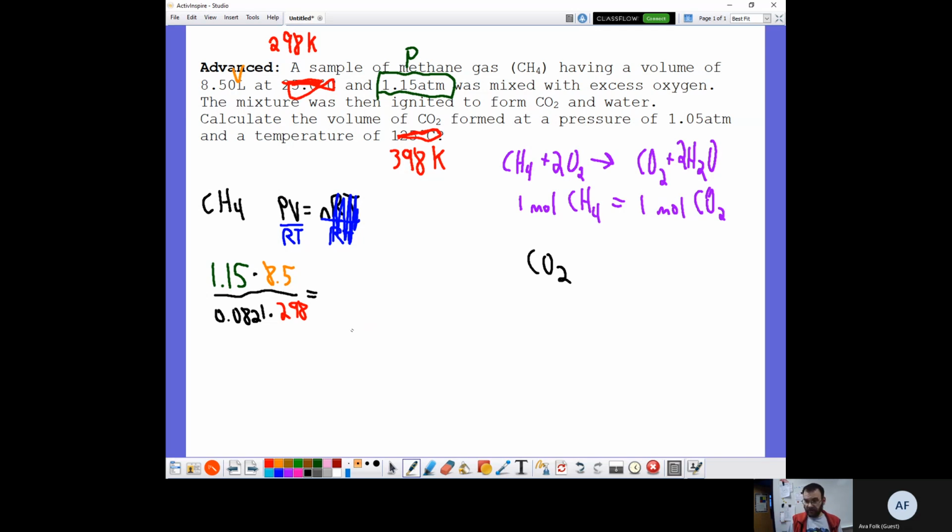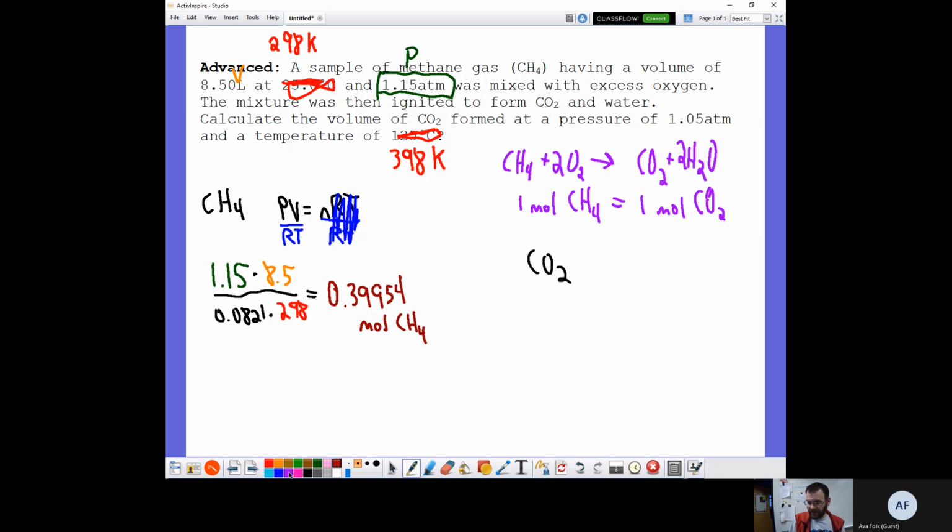So 1.15 times 8.5 divided by my R and divided by my temperature means I'm going to wind up with, let's colorize this in a way that stands out, 0.39954 basically. And this is moles of CH4. So there's my moles of CH4.